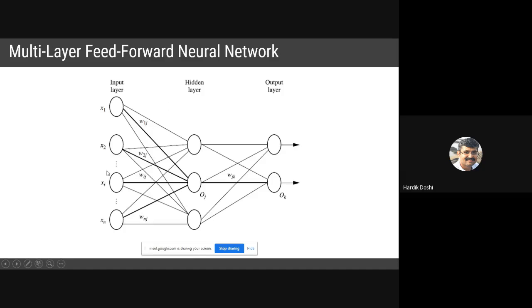Topology, connection attributes: how you connect the layers. In this topology, I have connected x1 with all three. But say for example, when I define the topology, it may happen that the second may not be connected to the first hidden layer input. It may be connected to only two, this one and this one. So that is the topology.